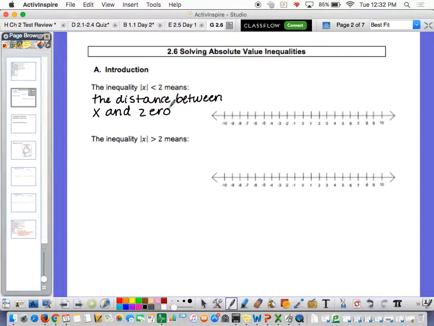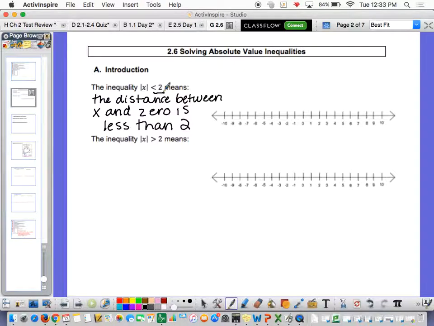Because that's what absolute value means. The distance between x and 0 is less than 2. Right? That's this part, the less than 2 part. But so the absolute value just means the distance between x and 0. Okay, so think about it. The distance between x and 0 is less than 2.